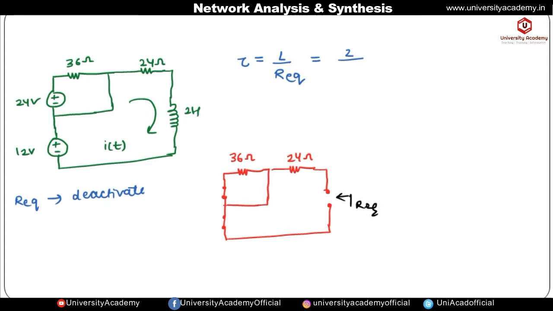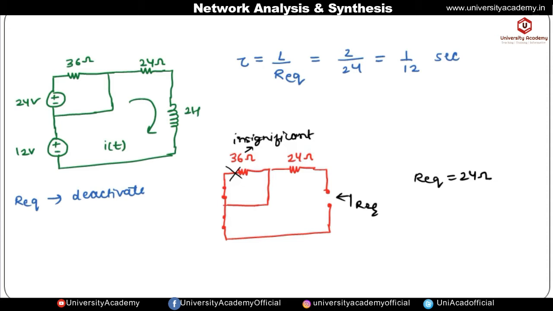As this 36 ohm is connected in parallel with the short, no current will flow through this resistance, so it becomes insignificant. Simply, R equivalent we are getting as 24 ohm. Substituting, this is 2 by 24, so the time constant is 1 by 12 second.